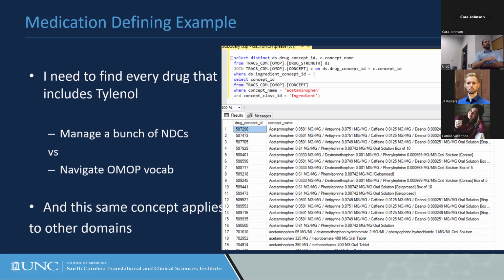So here, I have this example up in the top right-hand portion of the screen where I've written some SQL that basically says, go out to the table that manages all of the drug ingredients, give me back all of the concepts that are listed as a drug ingredient, where the drug ingredient includes acetaminophen, and now utilize that to give me back all of the specific drugs that contain these things.